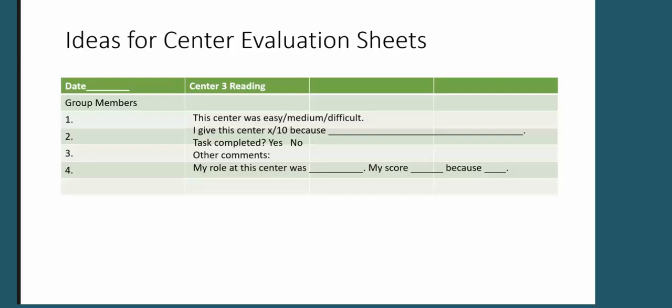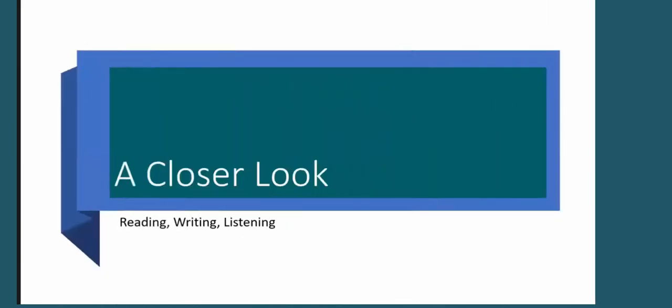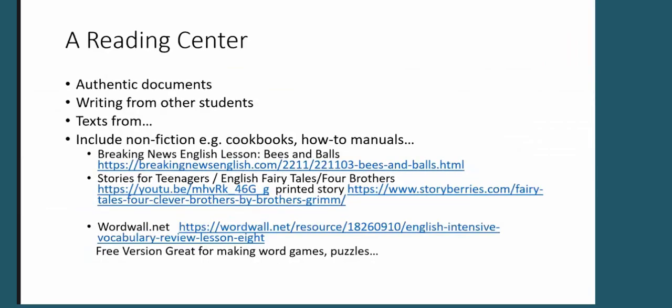But let's look a little bit more closely at some details that you might think about when you're making your centers. I want to start with a reading center. Ideally, in a reading center, you're not using the same books that you use in class on a regular basis. You're giving them something new. Magazines, cookbooks, comic books.